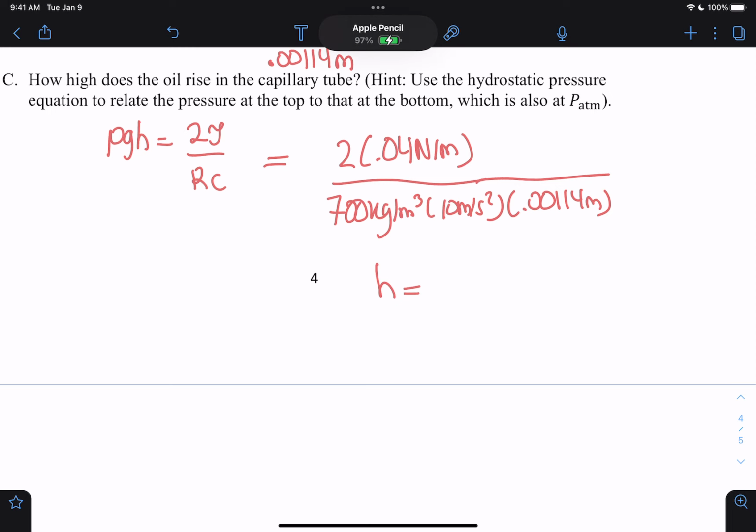Let me calculate this out. So height, 2 times 0.04 divided by 700 times 10 times 0.00114. Okay, I got like 0.01 meters, which is 10 millimeters basically.